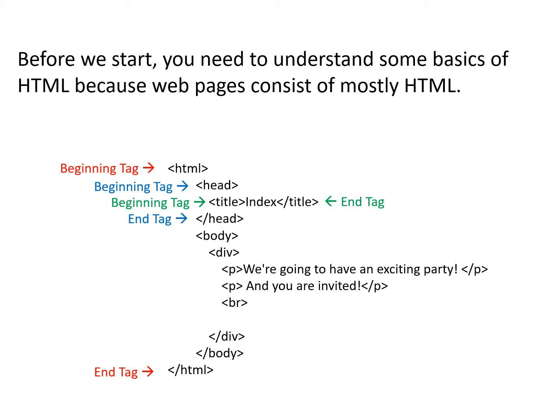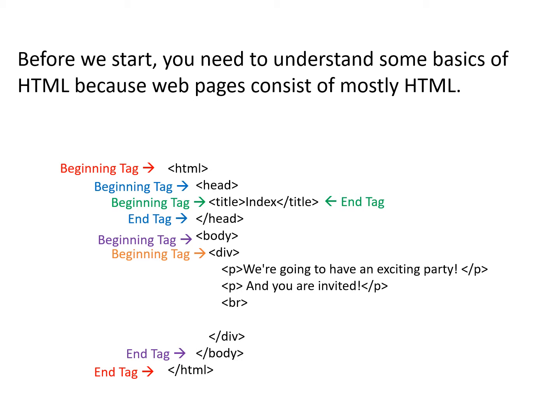Okay, now we start the body part of the web page. So this says, okay, here comes now the body of the web page, and then we have an end tag here too. And then inside there, we have this type of tag called div. It's just short for division.